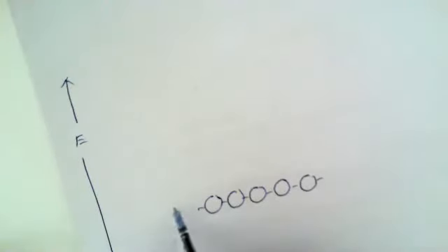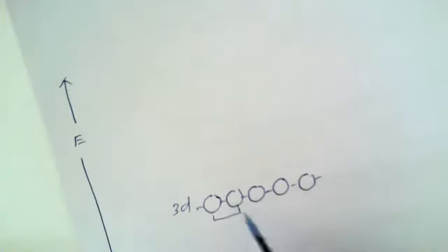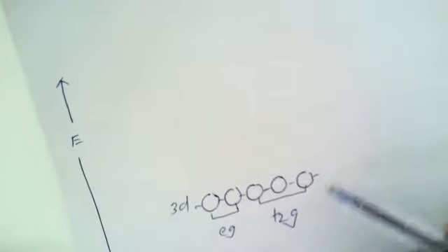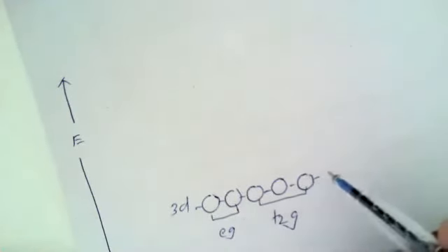These are the 5 3d orbitals, and we have to label these orbitals according to molecular orbital theory as eg and t2g, as we studied while studying crystal field theory.